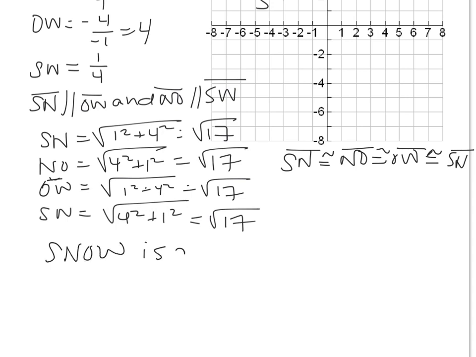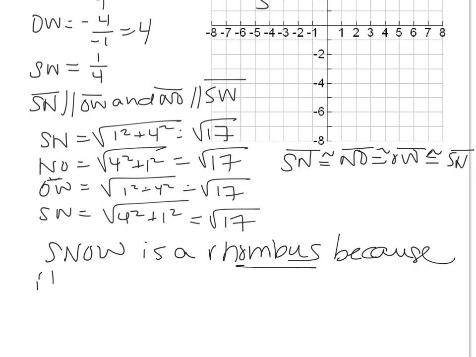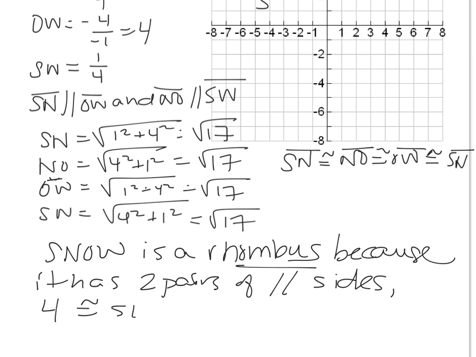SNOW is a rhombus because it has 2 pairs of parallel sides, 4 congruent sides, and no right angles. Okay, and that no right angles is important in distinguishing between a rhombus and a square.